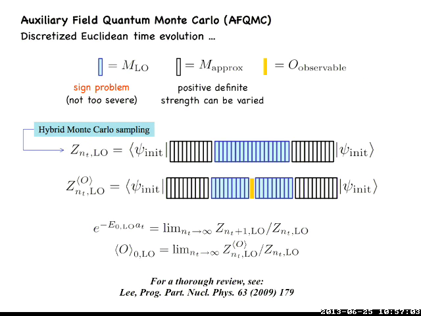So you get a relatively large acceptance rate. In this way you generate samples of the auxiliary field, and after that you can calculate what you want, basically, right?